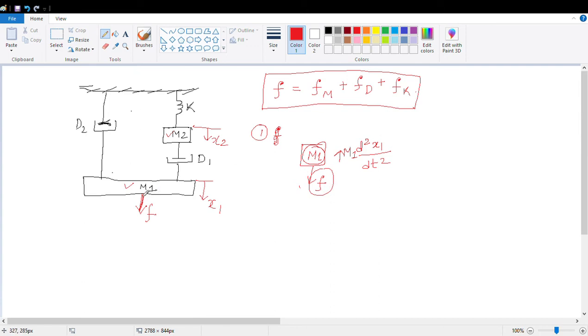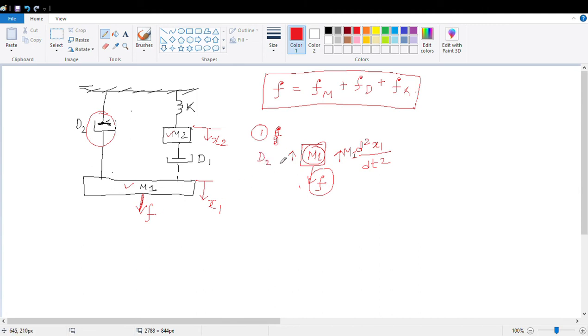Understood? Next, what is directly attached with this mass? Another element directly attached is this damper D2. So this will also provide a direct opposition to this force F.